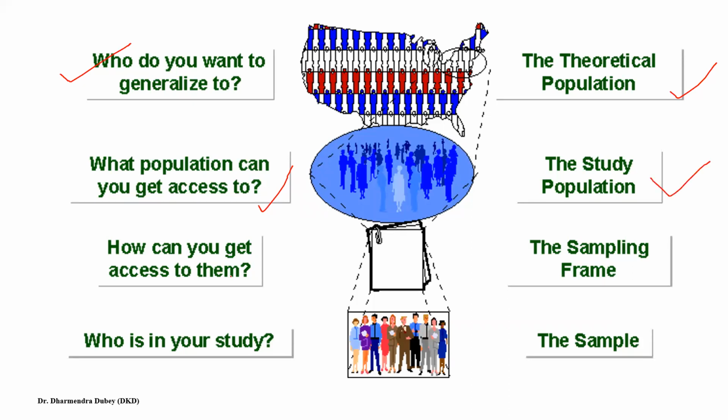Then how can you get access to them? So we need to create a sampling frame. Once we have a sampling frame, then we have to ask who is in your study, and then we'll select the sample. So this is the basic frame of the sampling process we need to understand.